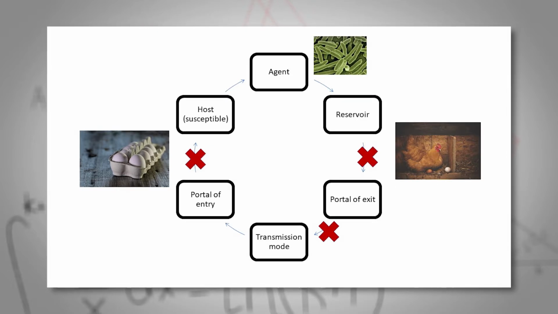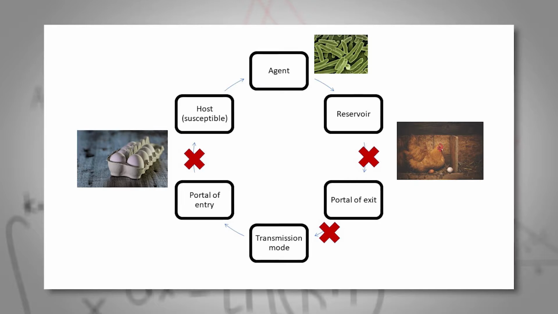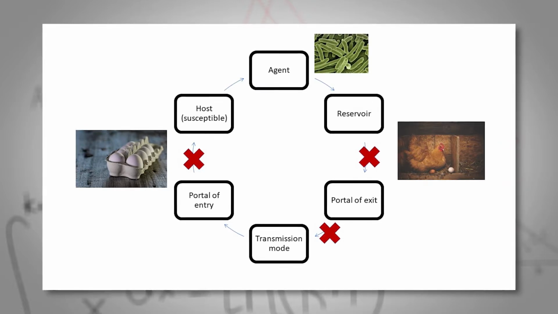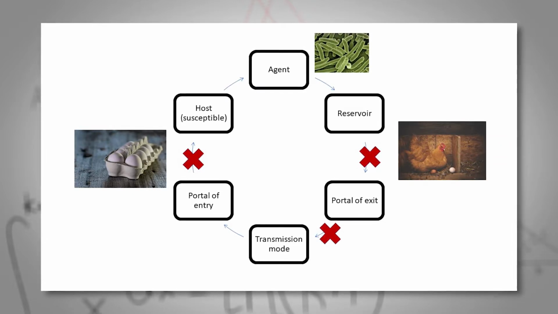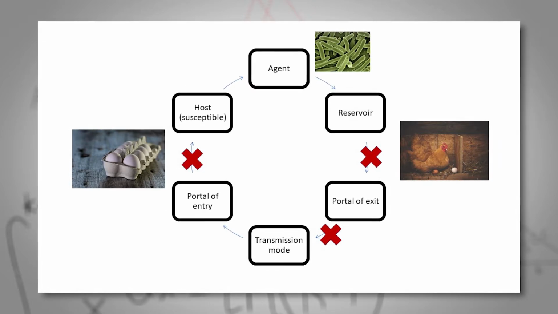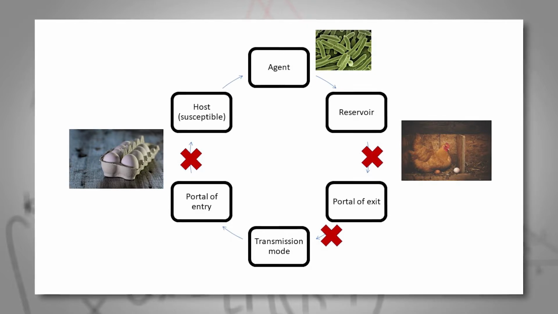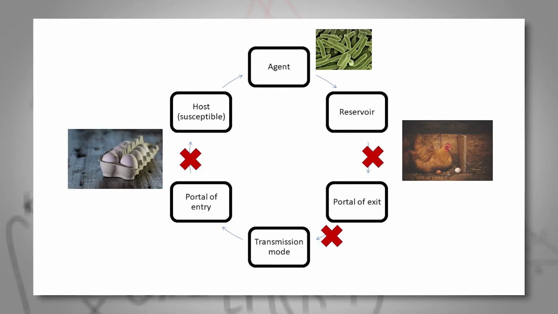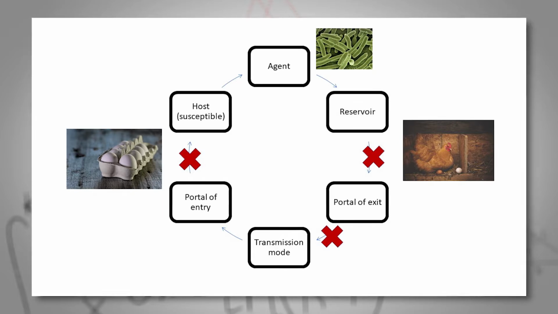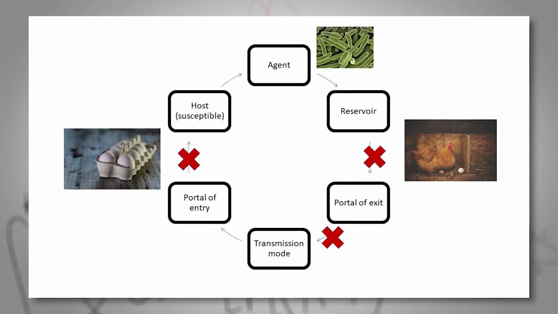From that portal, you have a mode of transmission in which you go from one particular location, the farm, to the grocery stores where it's chilled, to finally your kitchen cabinet into your fridge, and that carries the agent, salmonella, all the way through the chain. And then lastly, there's a portal of entry, usually in this case, food, and then you consume the egg if it's not cooked properly. And unfortunately, if you're susceptible as a host, you or I can get sick.